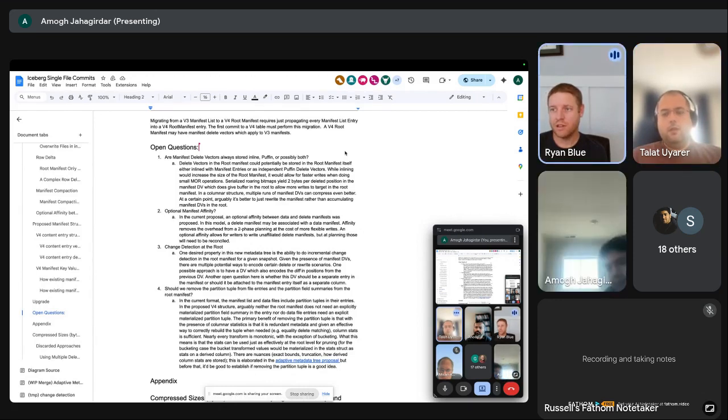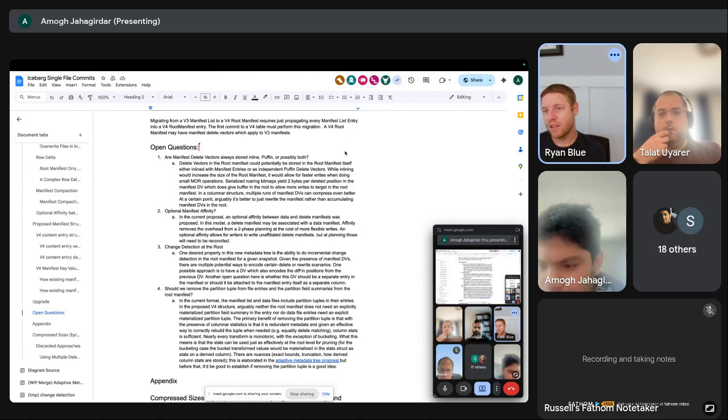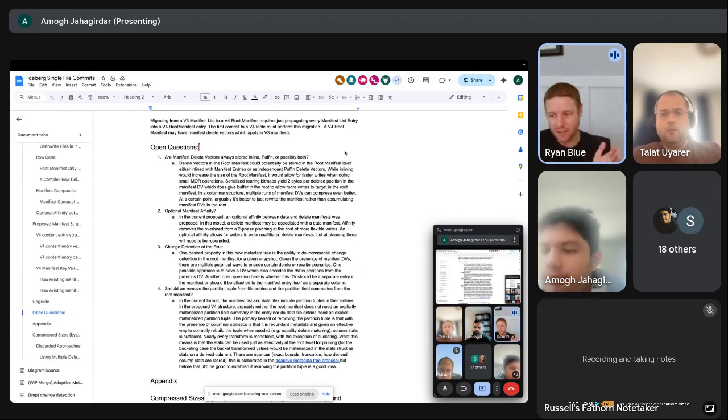So the inline DV is saying we're going to put the DV content inside of the root manifest file itself, rather than storing it in an external DV like we do for data files inside a Puffin file. So when you read the root manifest, you'll get manifests and deletes against those manifests without having to go read another file to get the deletes against the manifests.